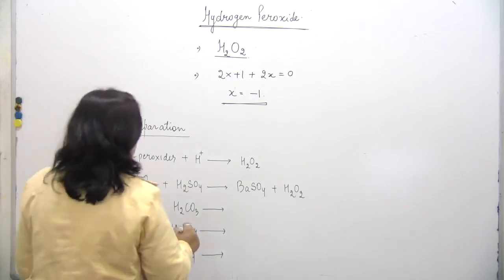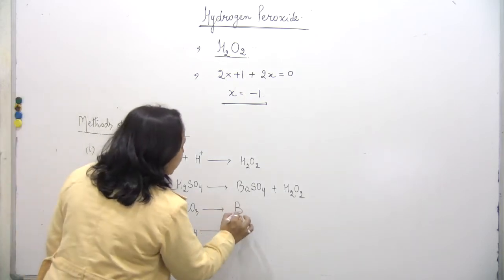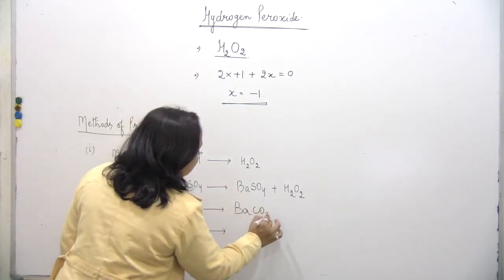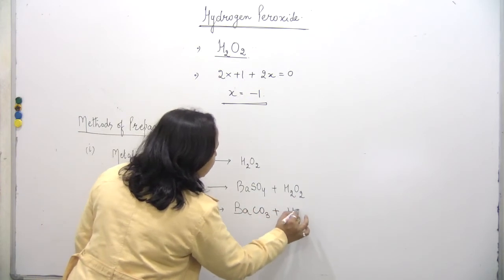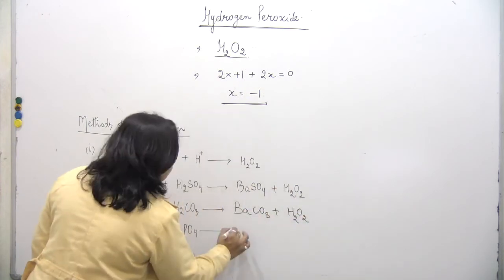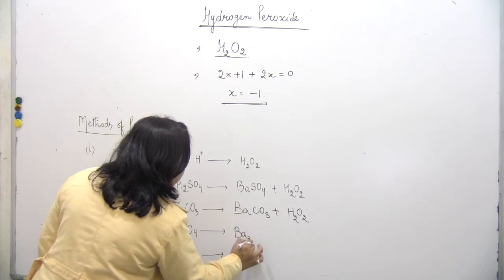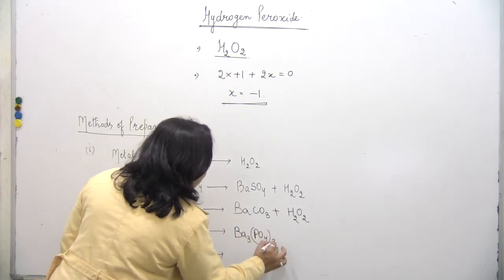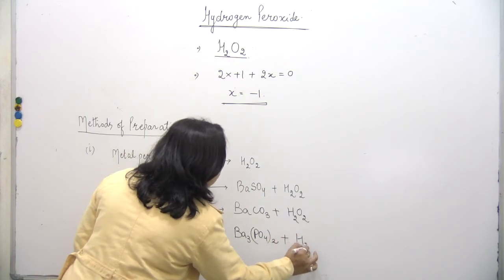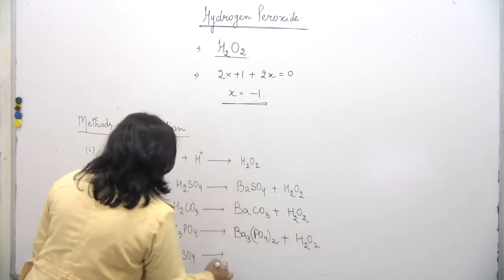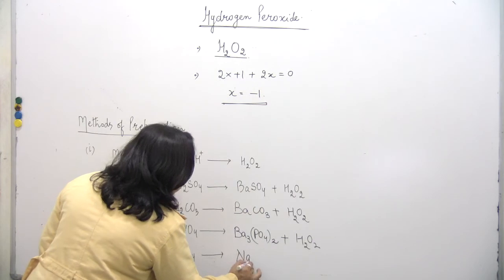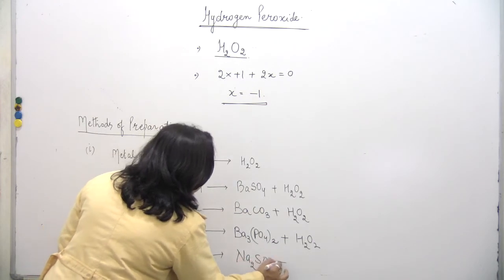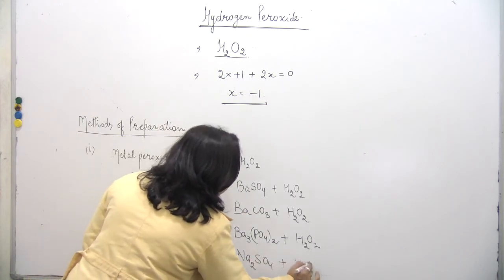Completed. In this reaction, we get barium carbonate plus hydrogen peroxide. Next, it is going to be barium phosphate, Ba3(PO4)2, plus hydrogen peroxide. Then it is sodium sulfate, Na2SO4, plus hydrogen peroxide.